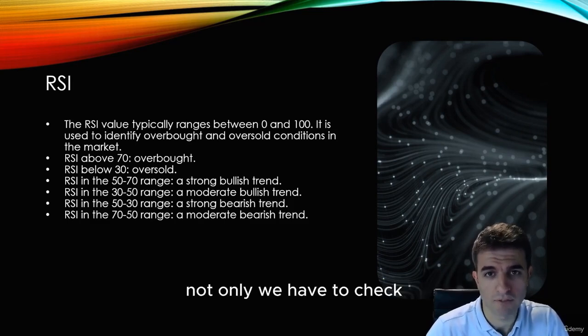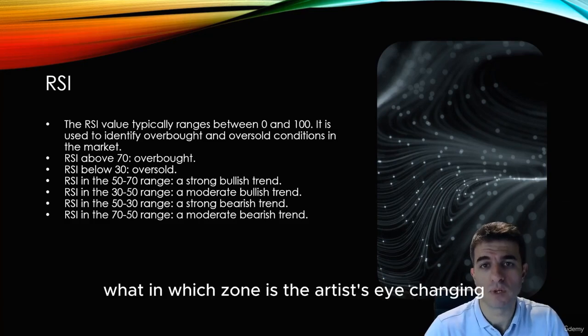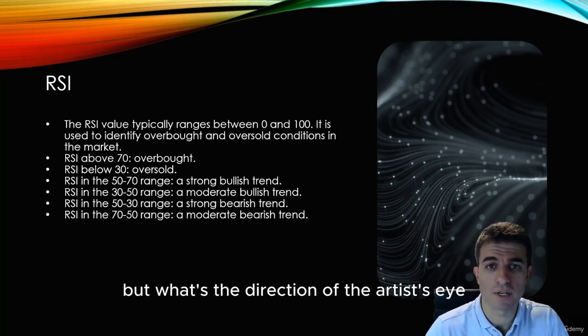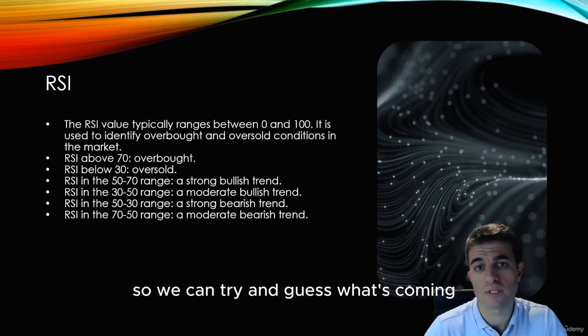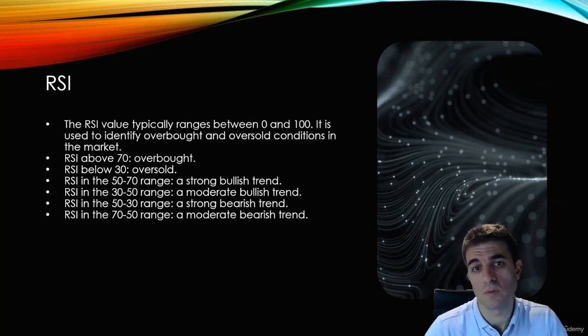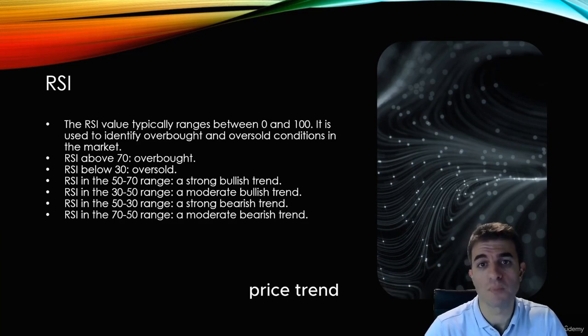So not only do we have to check the values of the RSI, like in which zone the RSI is, but what's the direction of the RSI, what's the trend of the RSI, so we can try and guess what's coming within the price trend, or forecast the future of the price trend.